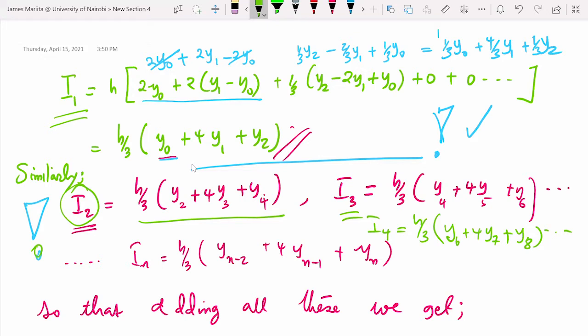So if we add up all these, the I1, I2, I3, and so on, then we expect to get what we have here.